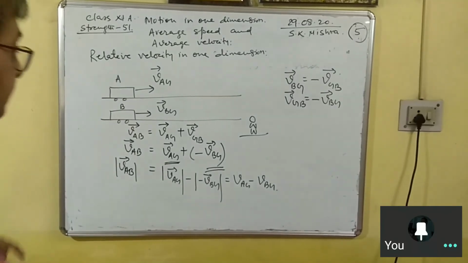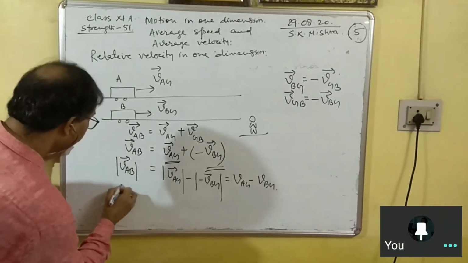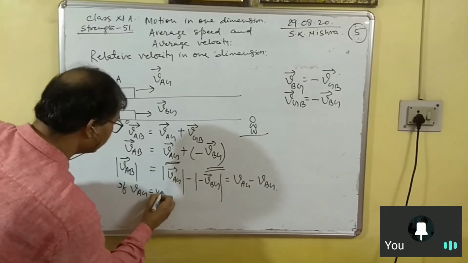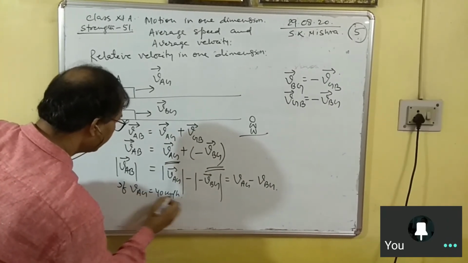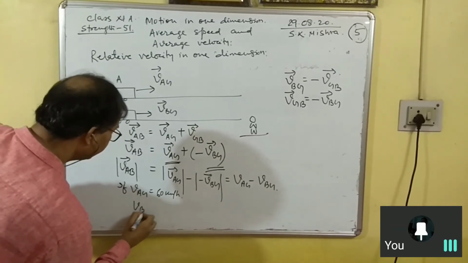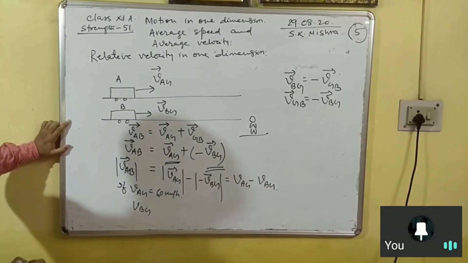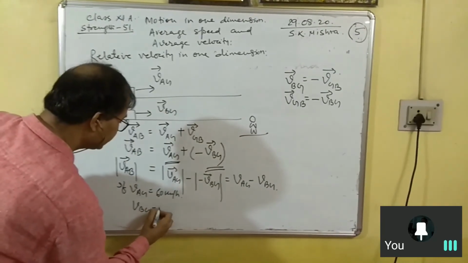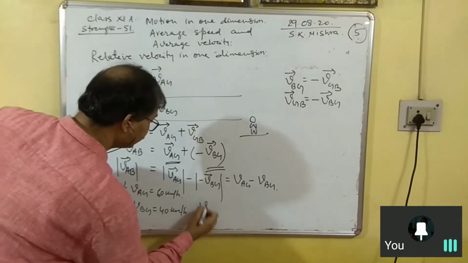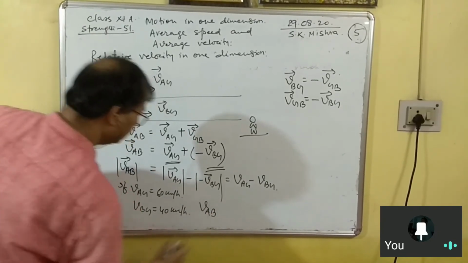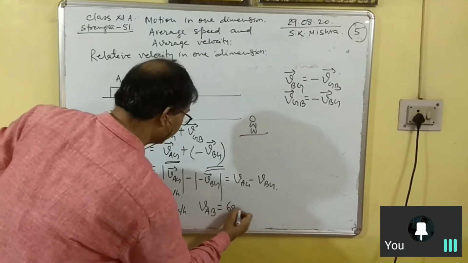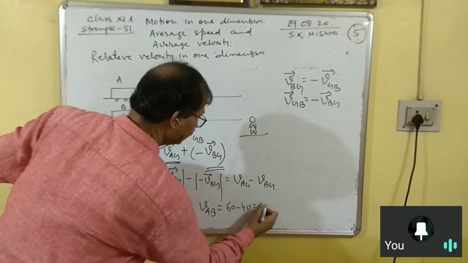Suppose VAG is 60 km per hour, and VBG, velocity of B with respect to ground, is 40 km per hour, then what is the relative velocity of A with respect to B? Then your answer will be 60 minus 40, that is 20 km per hour.